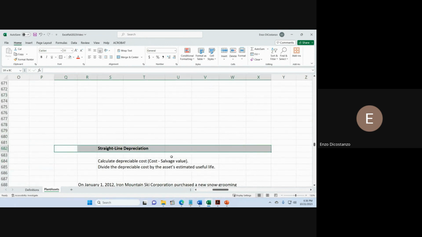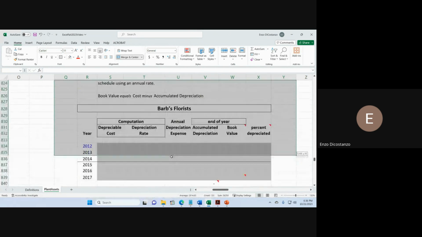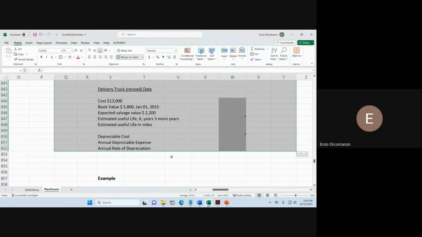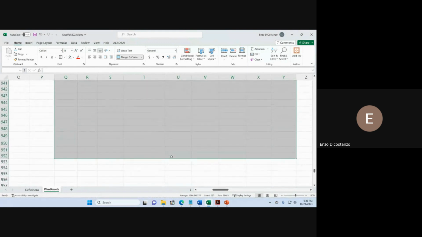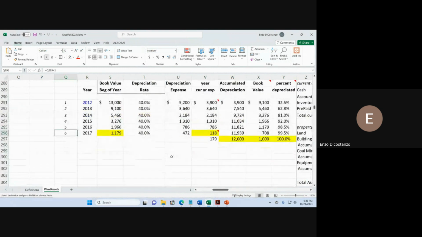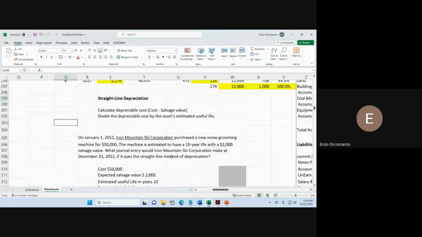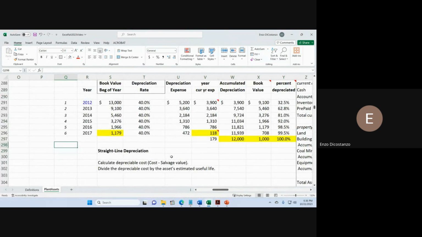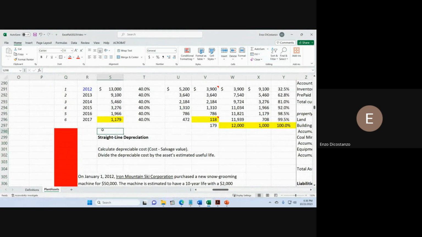Let's bring the rest of this stuff up so I don't lose it or forget about it. There's another problem in here. There's a graph. We're going to revise this. So yeah, this will be good for the next video. Save.